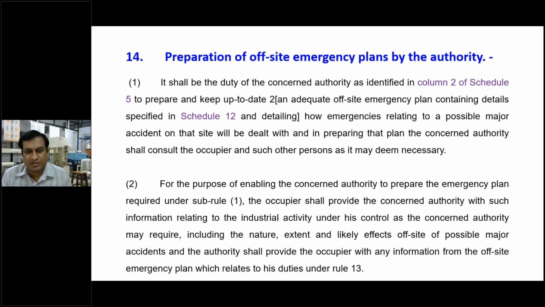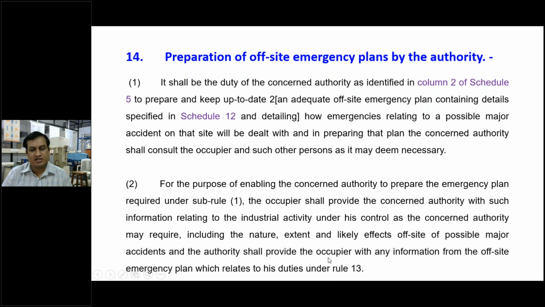For the purpose of enabling the concerned authority to prepare the emergency plan required under sub-rule 1, the occupier shall provide the concerned authority with such information relating to the industrial activity under his control as the authority may require, including the nature, extent and likely effects off-site of possible major accidents. The authority shall provide the occupier with any information from the off-site emergency plan which relates to his duties under rule number 13.